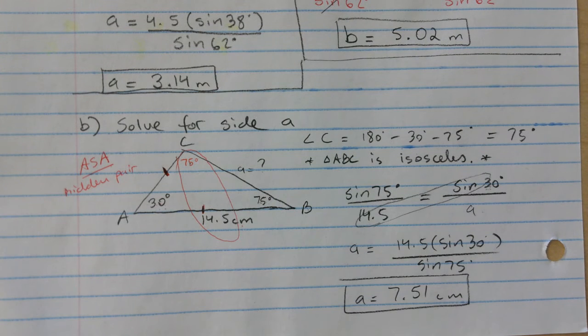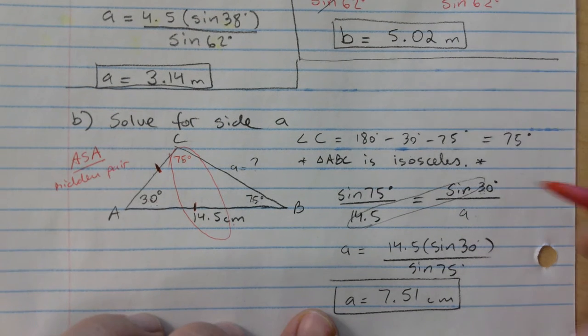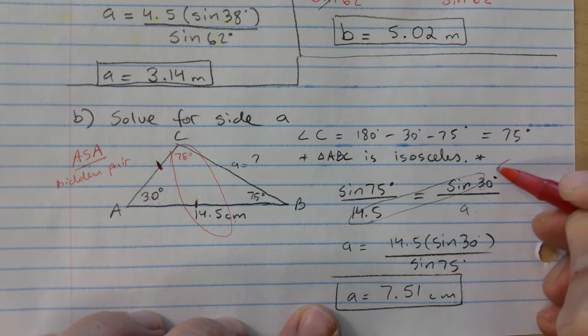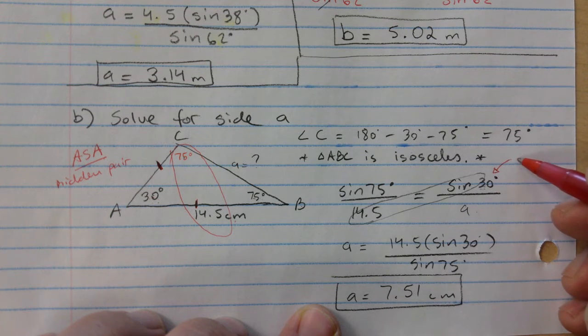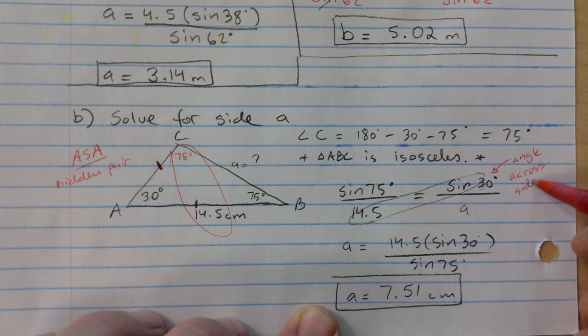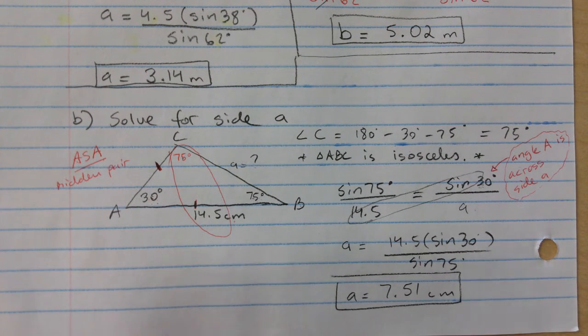I'm just going to add a note here because you might look at this weeks, months from now, right? Angle A is across side A, right? So that's very important because if you had picked another angle, you're not finding the correct side, okay?